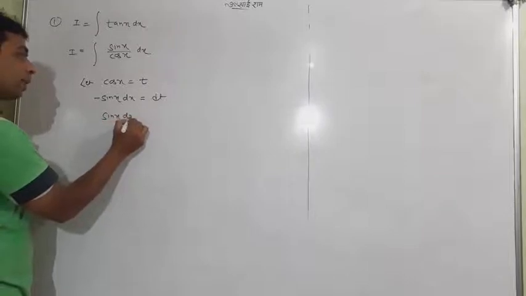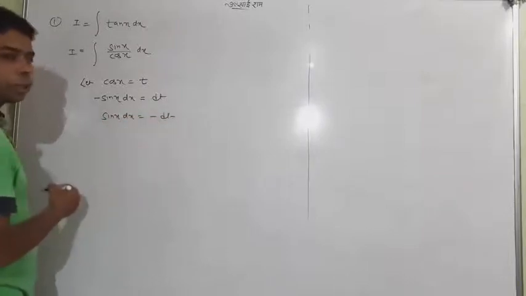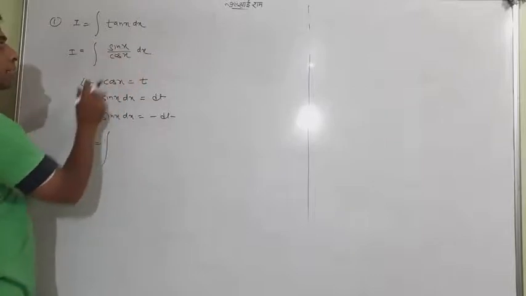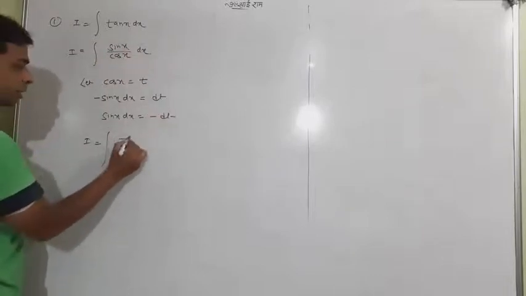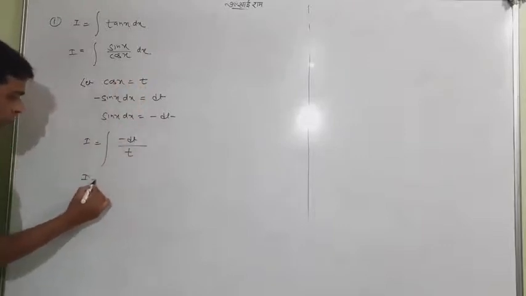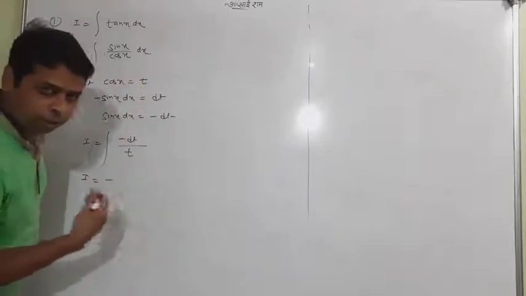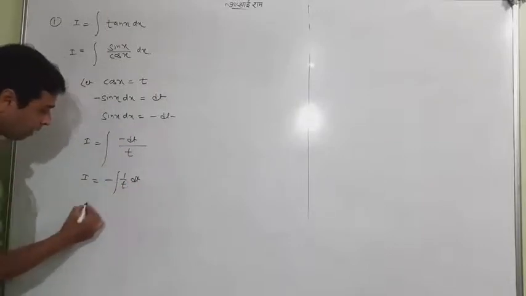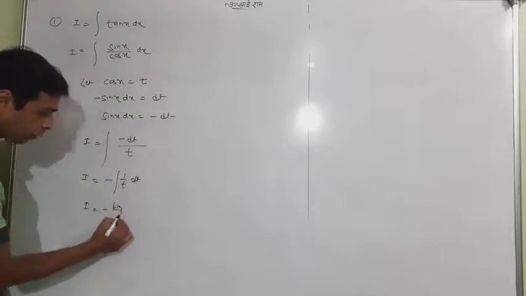Transfer the minus sign to the other side, so it's going to be minus dt. Now come to the question. Look at sin x dx: it is going to be minus dt, and the denominator cos x is equal to t. So your answer is, a minus will come in front, 1 by t remaining. You know 1 by t has an integration of log mod t.